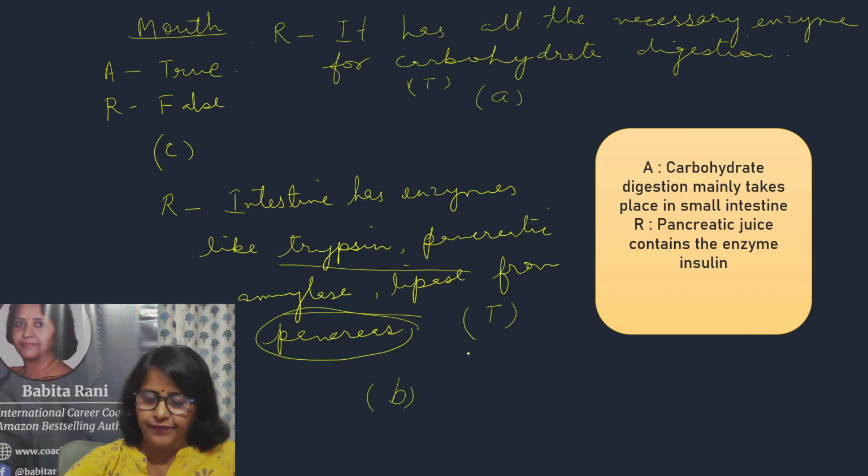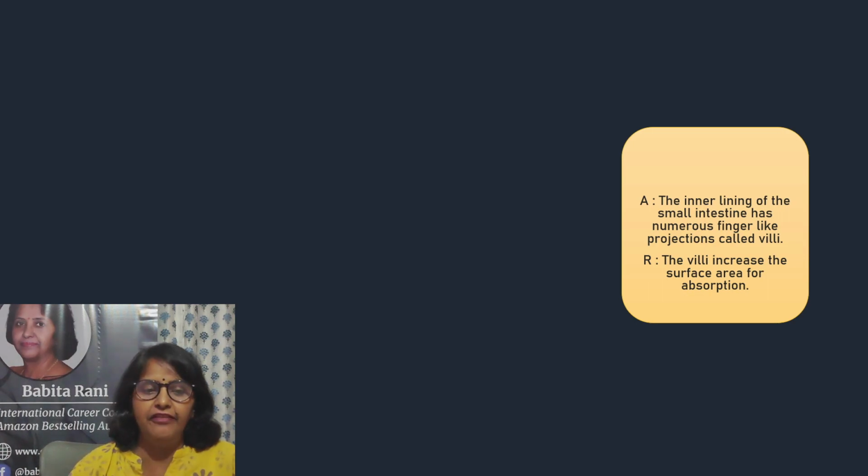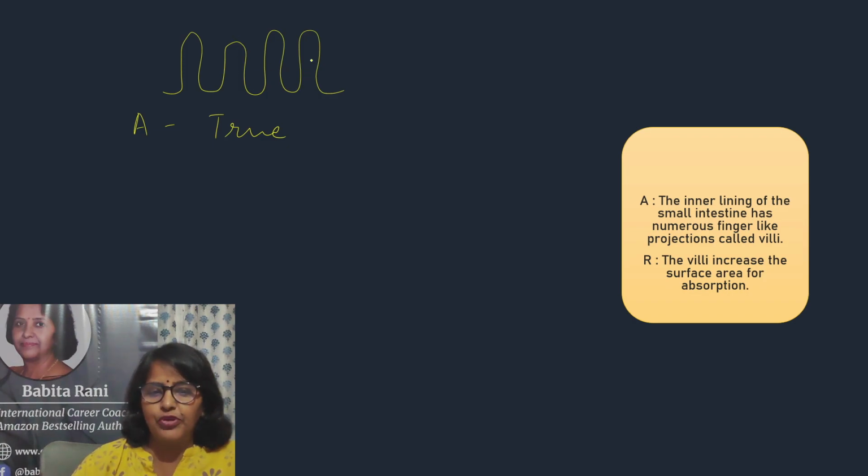Okay. Next question is, inner lining of small intestine has numerous finger villi. Do you remember? It had finger villi for what? For absorption of the digested food. So assertion is true. Why did it have these finger-like projections?